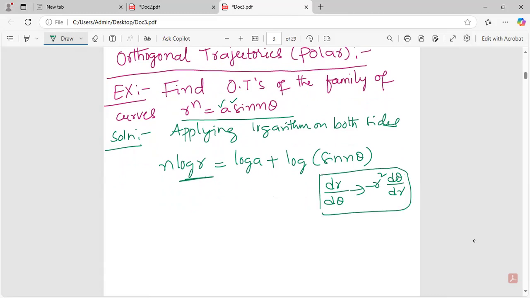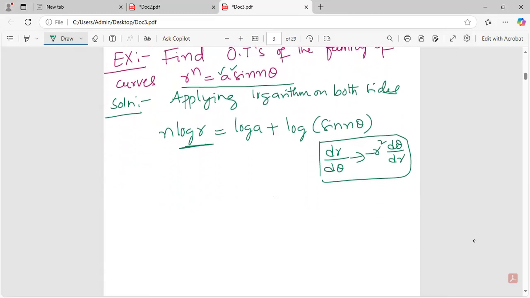There is no dr by d theta, so I'll be forming the differential equation. How do we form a differential equation? We form it by eliminating the arbitrary constants, differentiating the above equation with respect to theta.